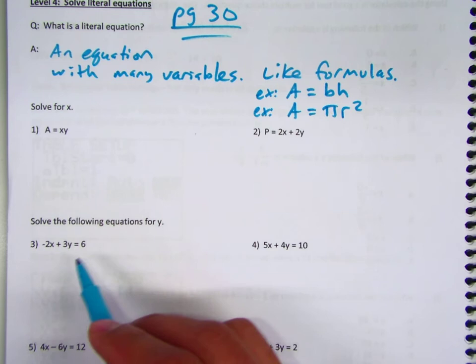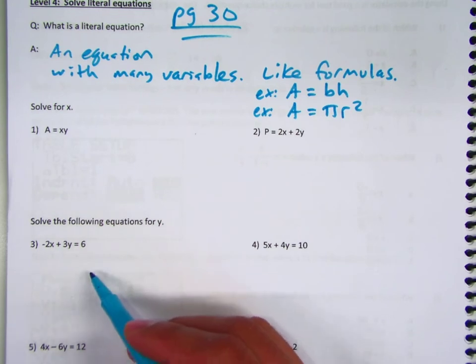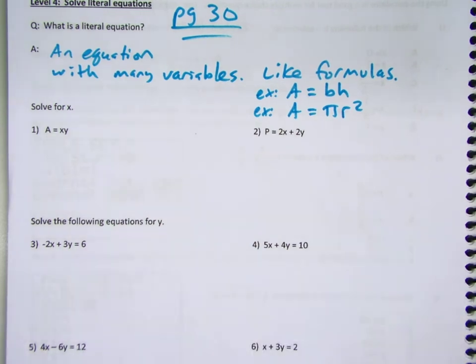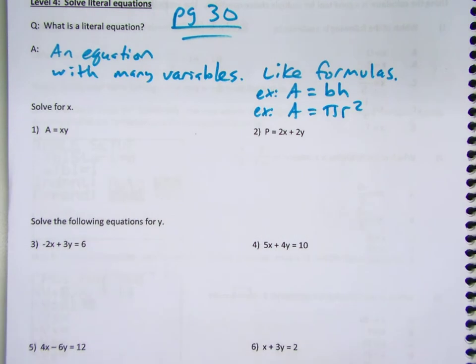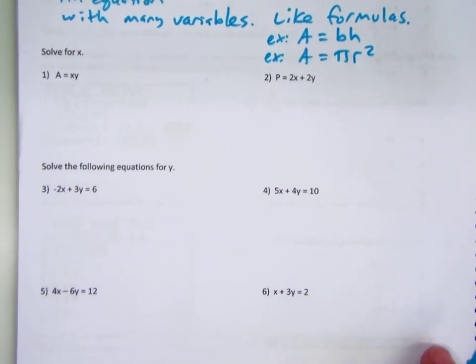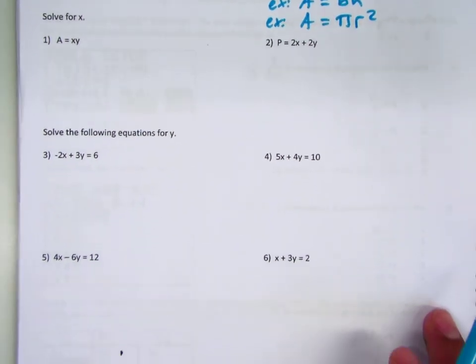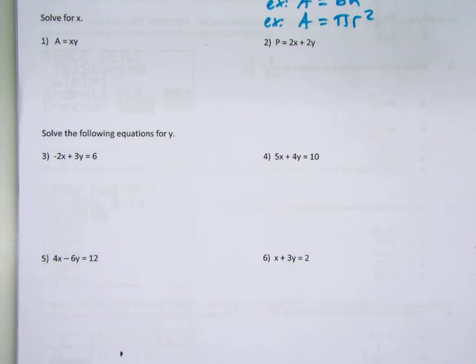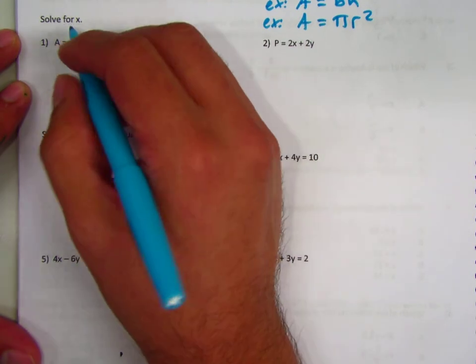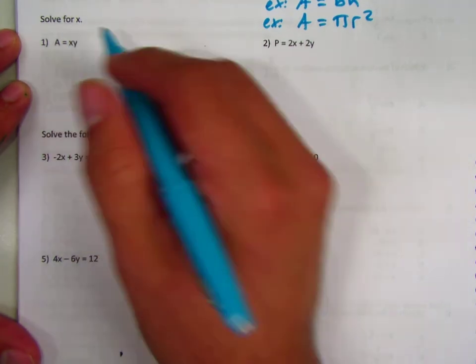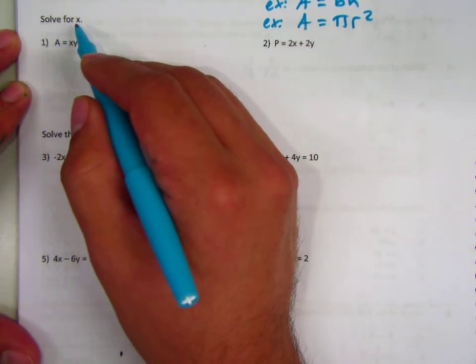And sometimes you will see regular numbers in there too, but everything is going to be treated the same exact way. Okay, so I'm going to do a few of these different problems on page 30, and then you guys are going to finish these up on your own and then move on from there. Okay? So, all you have to pay attention to is what you're trying to isolate. So here it says solve for x.